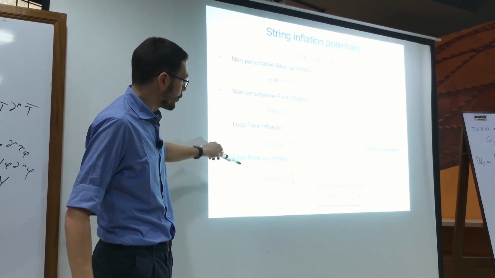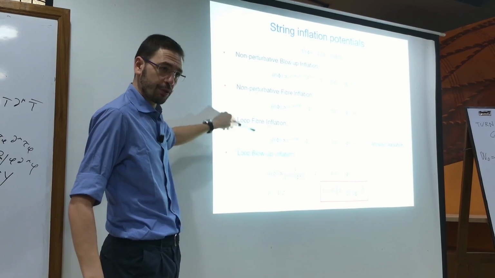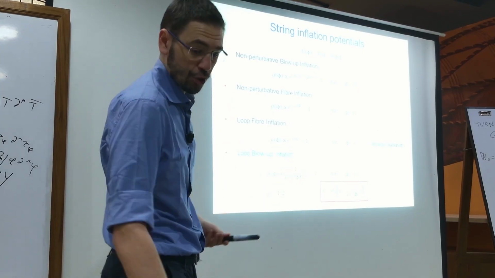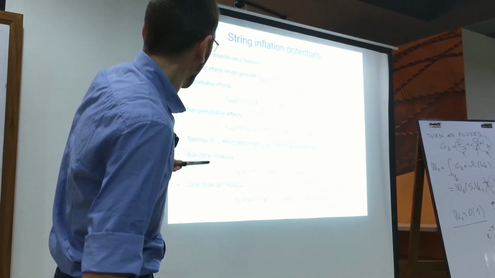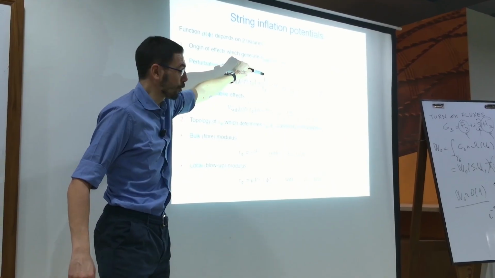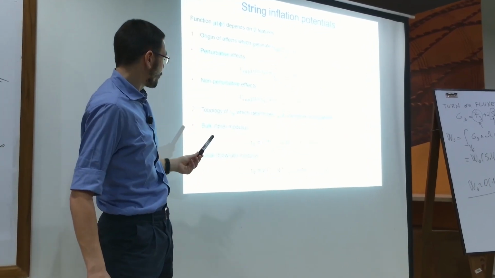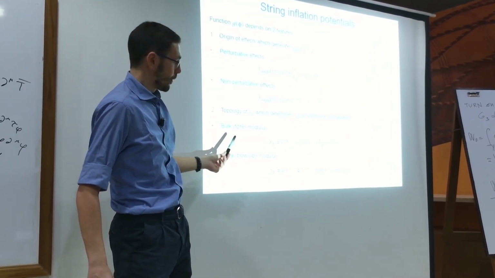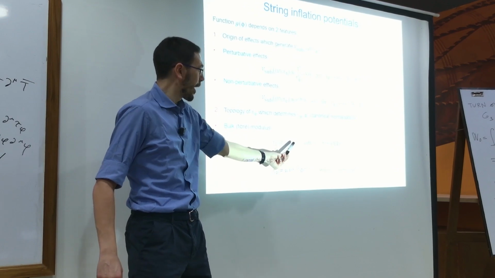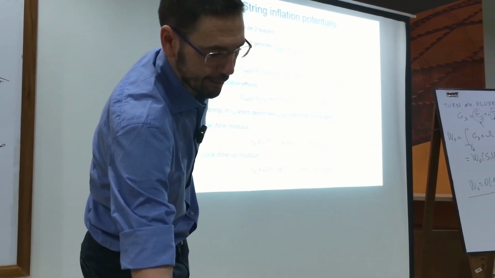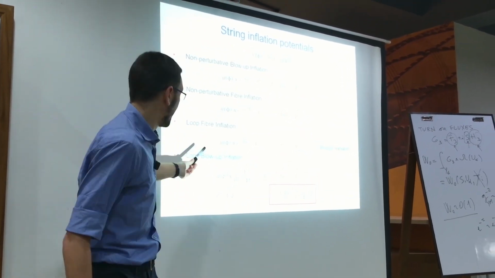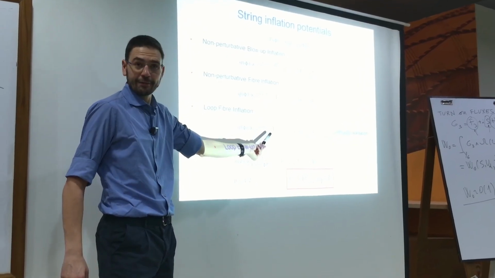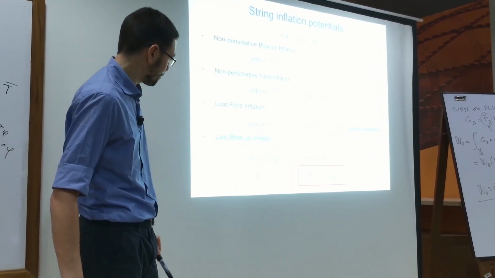Then there are other models where people instead use loops, so perturbative corrections, which are power law. They go like 1 over tau. If you do it with a bulk modulus, this is an exponential, so you get e to the minus phi, again a negative exponential.